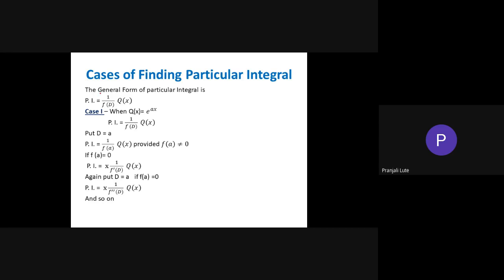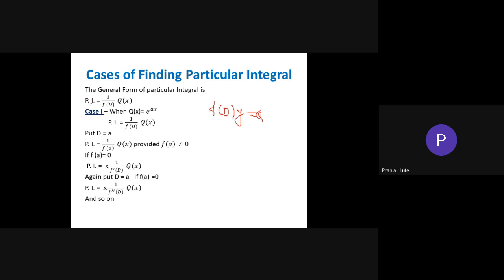So first of all, what is the general form of a differential equation? f of d, means an equation in terms of d, y equal to q. This is the general form of a differential equation.